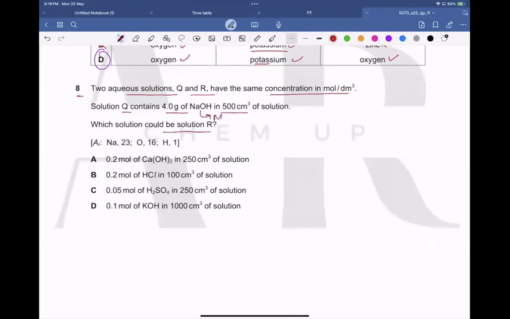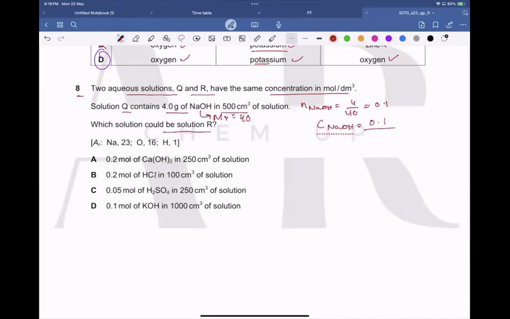The Mr of sodium hydroxide is 40, right? So the moles of sodium hydroxide is 4 over 40, which is 0.1. To find the concentration of NaOH, it is 0.1 moles in 500 centimeter cube.